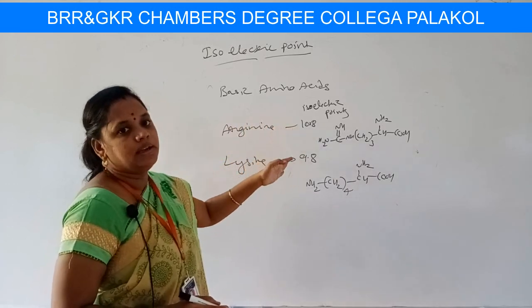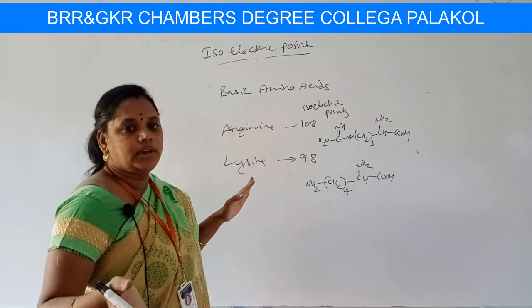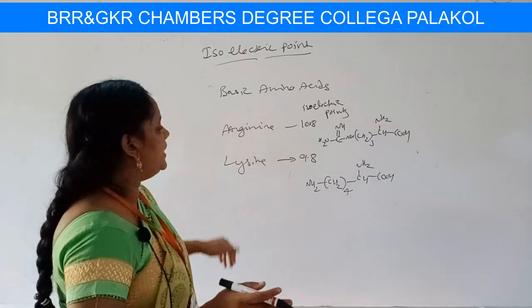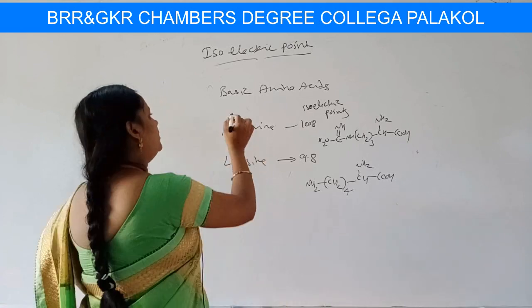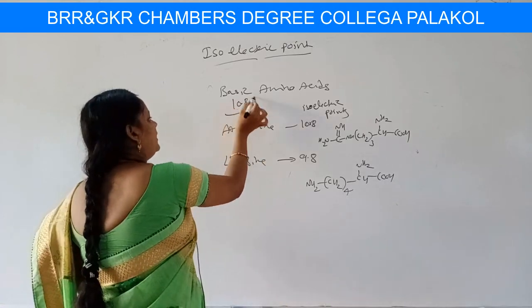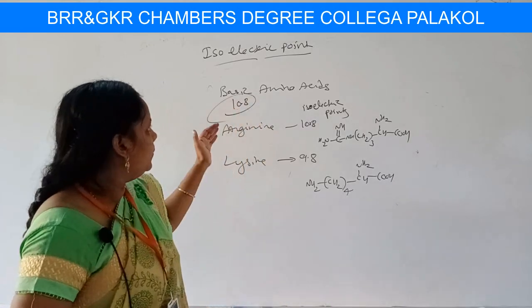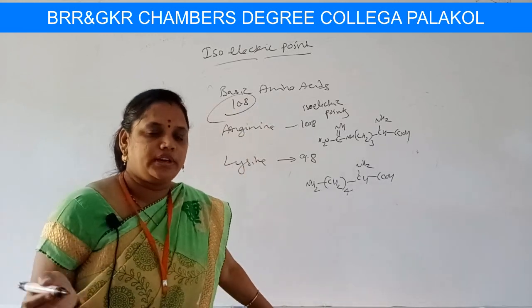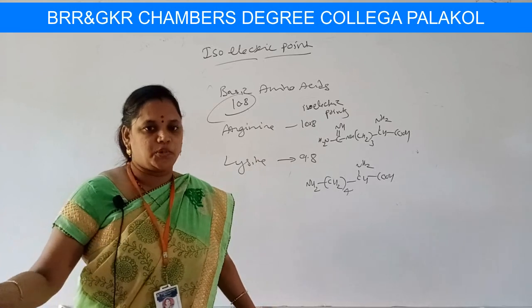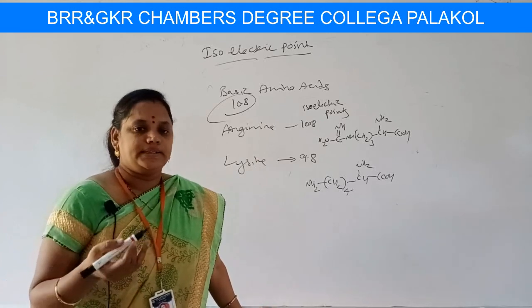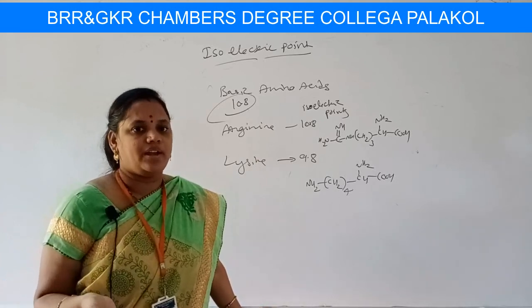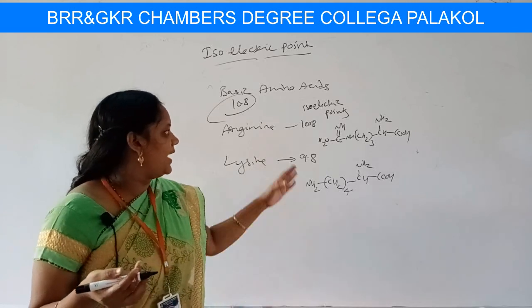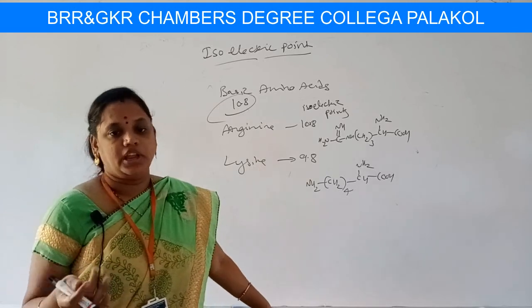I have already told that the isoelectric points of basic amino acids will be around 10, so that we can easily identify these as basic amino acids. So neutral amino acids are 5.5 to 6.3, acidic amino acids have isoelectric points around 3, and basic amino acids have around 10.